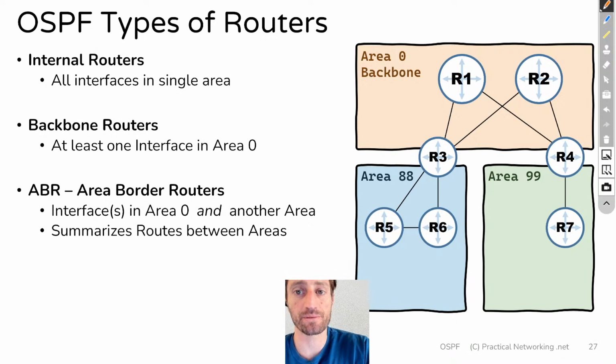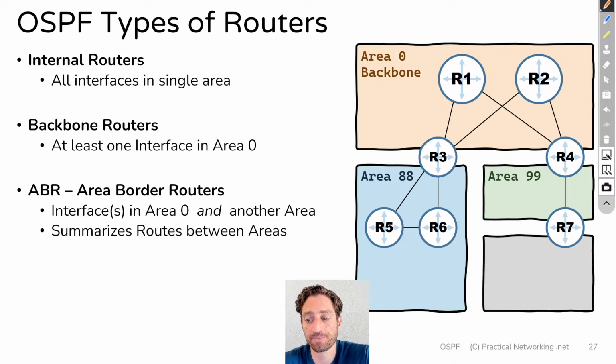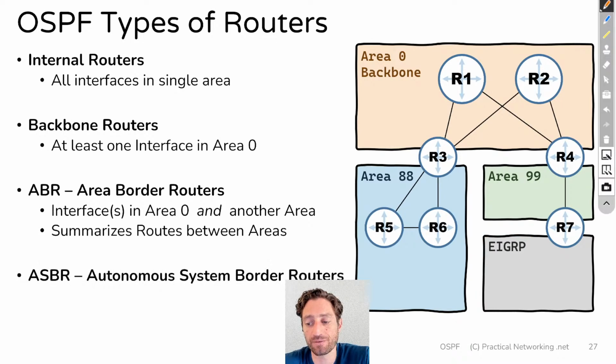Now, the last type of router that we're going to talk about, we're going to have to change our topology just slightly. We're going to have router 7 here redistribute routes from another routing protocol. As soon as router 7 is doing that, it is now referred to as an ASBR, or an Autonomous System Border Router.